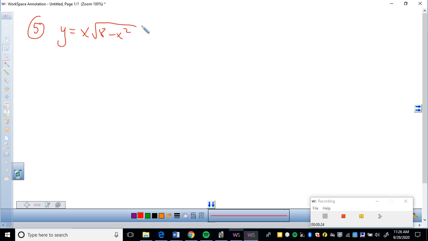All right, for absolute extrema, we have to consider the domain. x is all reals, but we cannot have a negative under the root. So I'm going to find where that equals 0. Plus or minus 2 root 2.